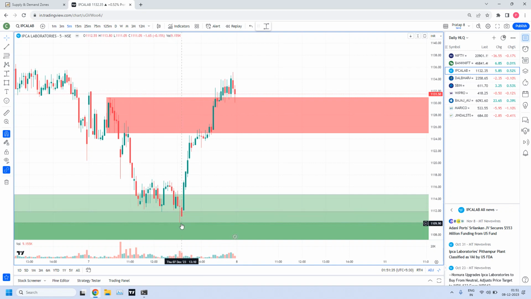By this time other stocks had already given us profits. You would have exited the trades from the other stocks because they gave profits before 1 o'clock. Now at 1 o'clock again we got an opportunity in this stock. See, today we got opportunities on multiple stocks. 2 entries in State Bank of India, and another entry in IPCL Lab at 1 o'clock. With the same investment, you got multiple trade opportunities and multiple profits.